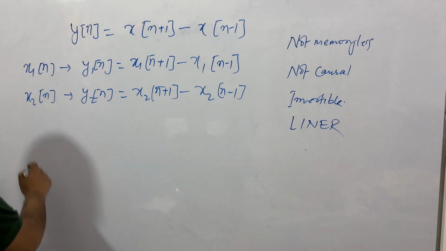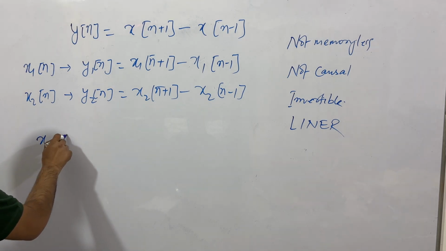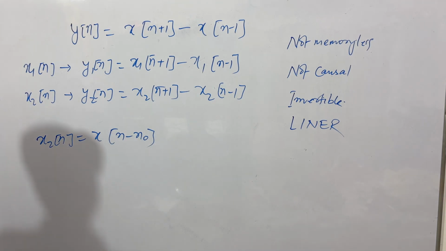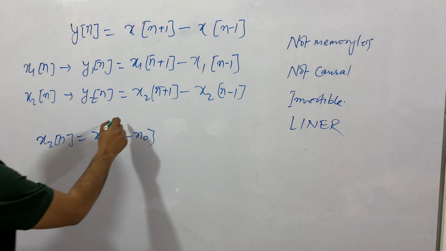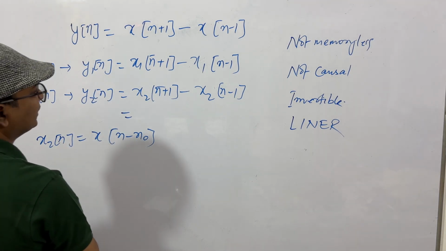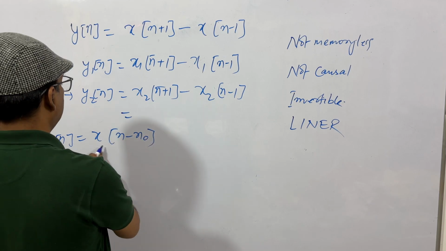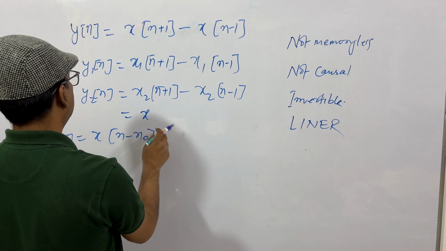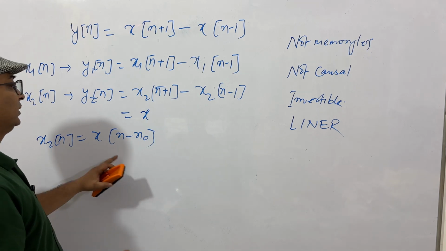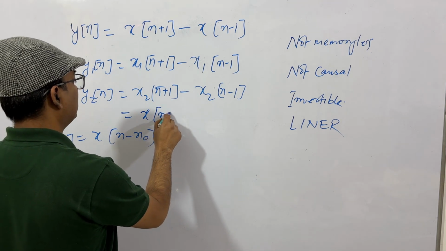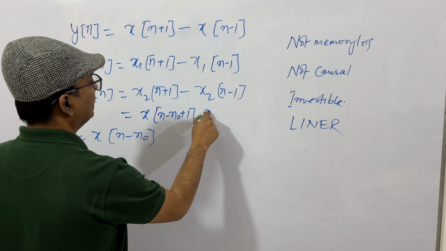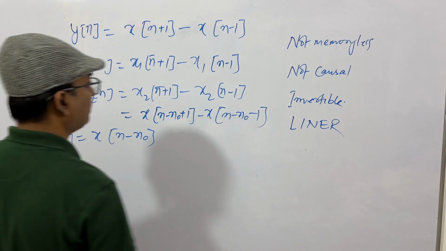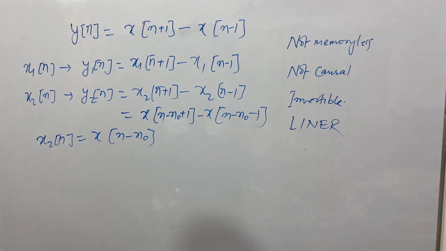Now what if your x2[n] is actually equal to x[n-n0], a shifted version of the input signal? This will give y[n-n0]. So what do we get? Our output is x2[n+1], so this will be x[n-n0+1] minus x[n-n0-1].